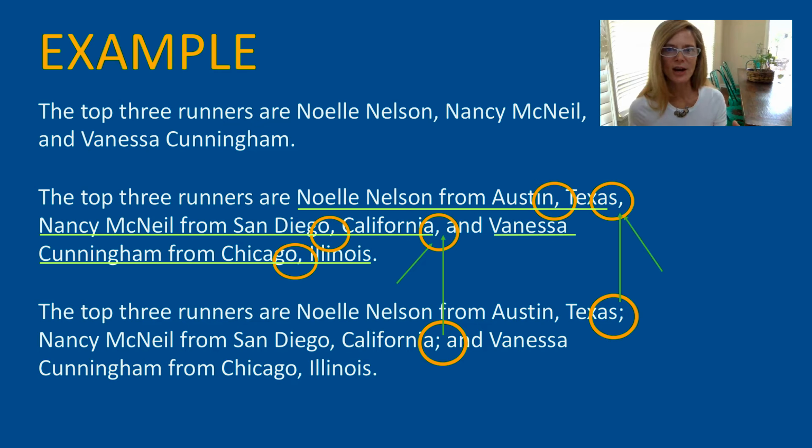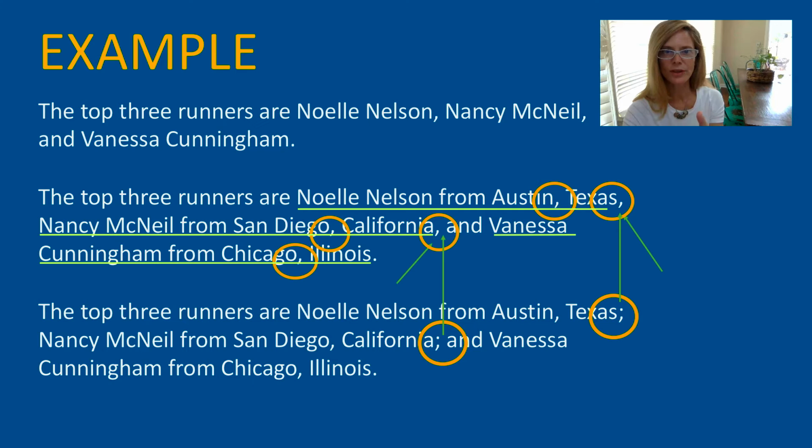Do you see how we took out the commas that are between the things and we replaced them with the semicolon? That signals to your reader, oh, wait a minute, this is a separate entity from the next thing.